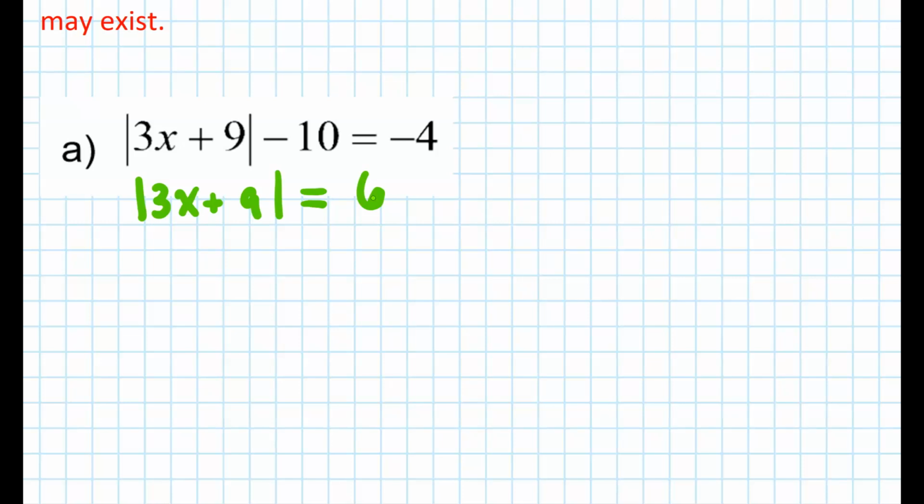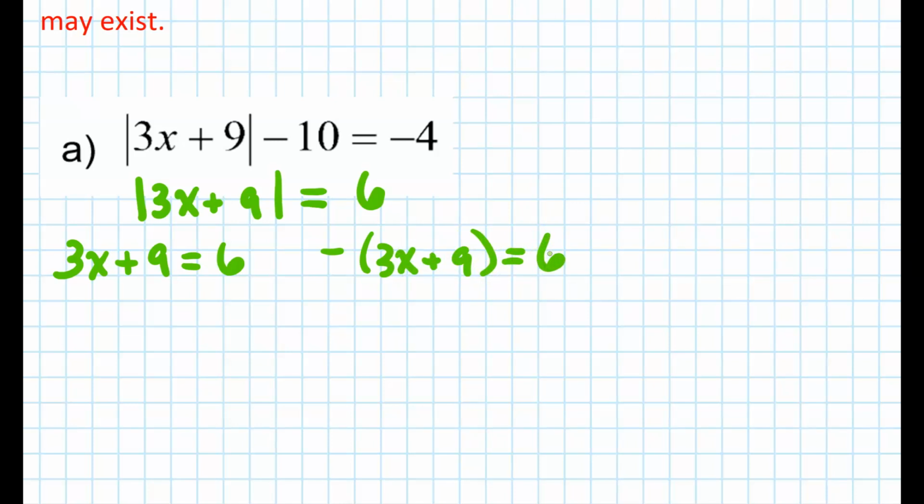So we have to look at the directions both ways from our number line, from our 0. Okay, so our first equation stays the same. So 3x plus 9 is equal to 6. But what's our other equation going to be? Negative 3x plus 9. Okay, negative 3x plus 9 is equal to 6.